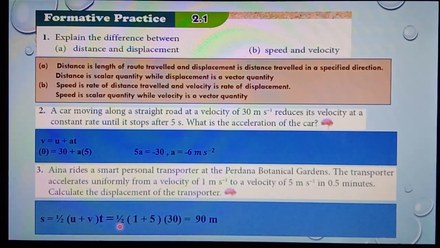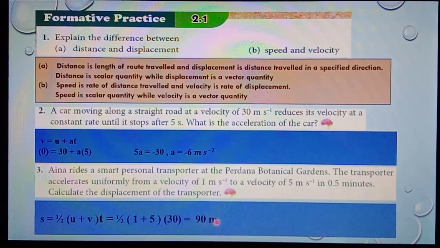Okay, so half, initial is 1, final 5, time taken 0.5 minutes needs to convert to second. So 0.5 times 60 you get here is 30 seconds. Okay, so be careful with the unit because we use SI unit here, so that the final answer will be SI unit. Thus, we get 90 meter.